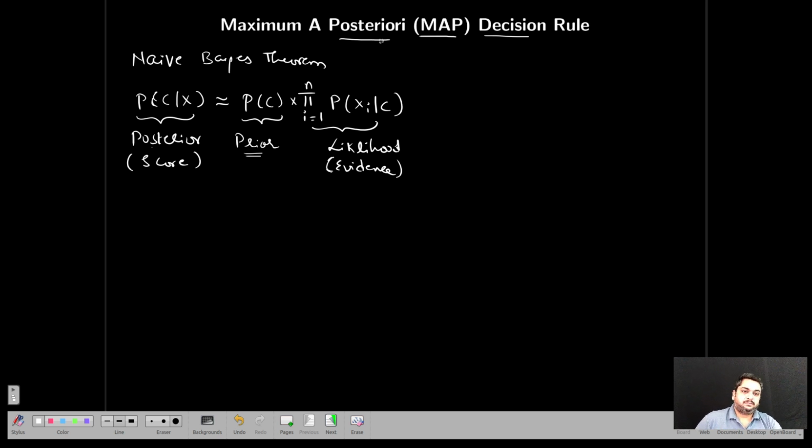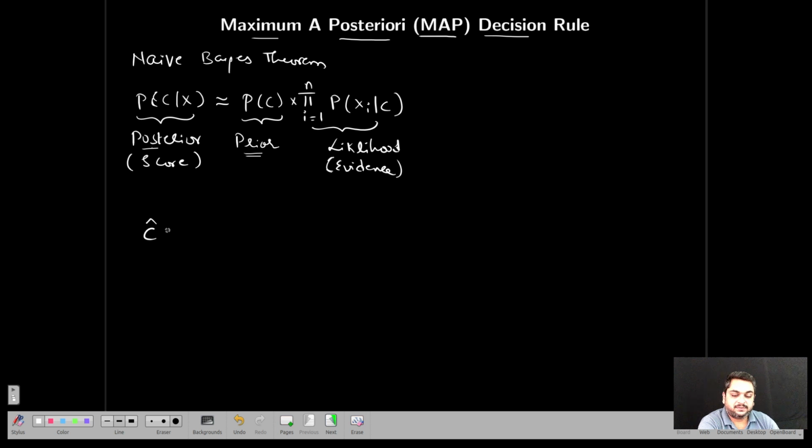What does the maximum a posteriori decision rule mean? Once you calculate the score for every class, you select the class with the maximum posterior probability. That is what they are saying. The MAP rule is nothing but selecting the class with the maximum posterior probability. Mathematically, how do you write it?